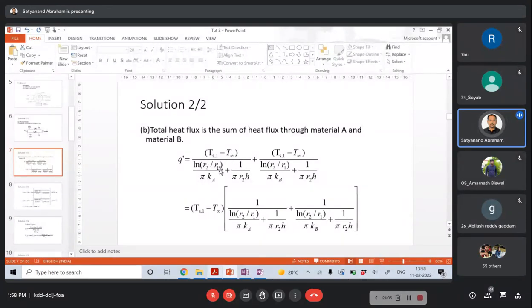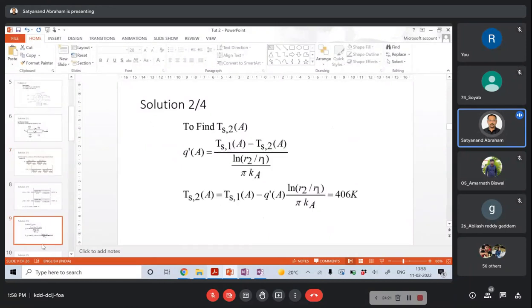In that case, you have to consider only the conduction resistance of material A. So in order to find the surface temperature on material B, you have to pass from TS1 to TS2B, and the conduction resistance of material B. So separately you can do that.